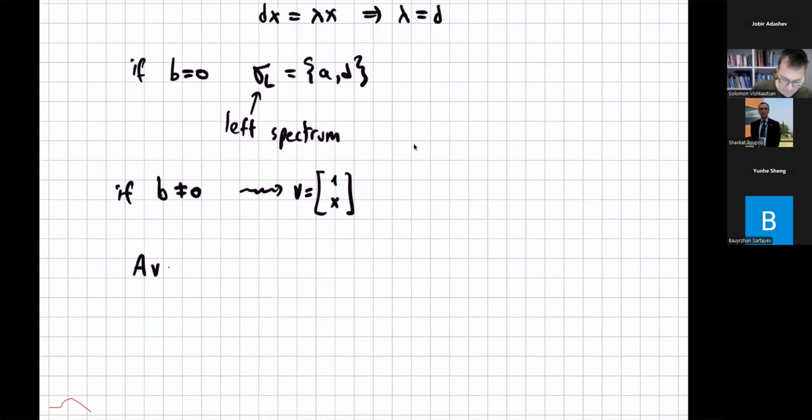We have our left eigenvalue. And what we can do, we can multiply on the left and right by some non-zero element z. And we get the following situation.